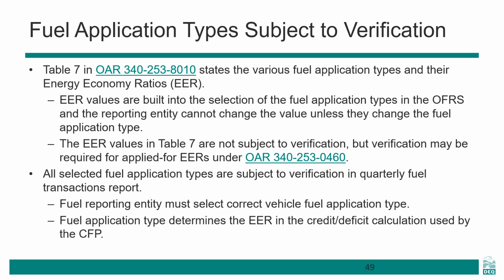While the EER values themselves are not subject to verification, the application type selection is subject to verification and must be verified for accuracy during either quarterly reviews or just the annual check of the quarterly fuel transactions reports. Errors in selecting the appropriate fuel transaction type can lead to compliance issues if the reporting entity does it incorrectly.